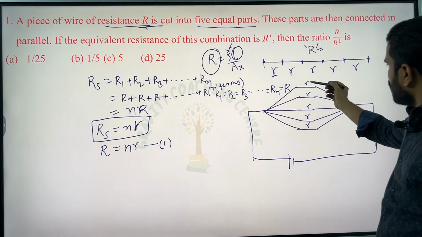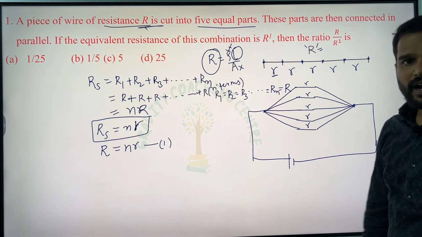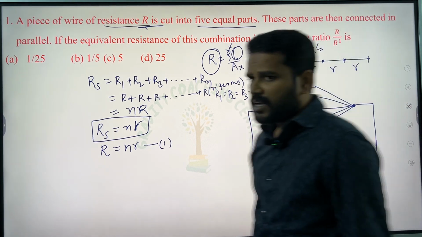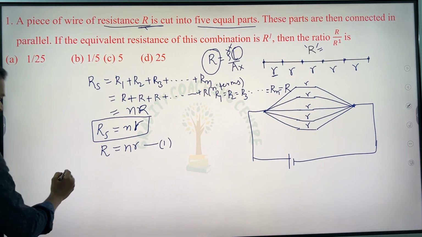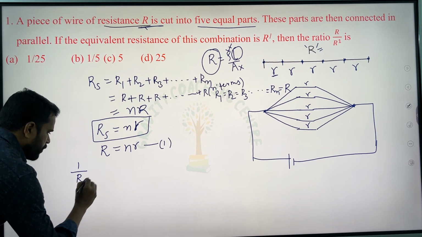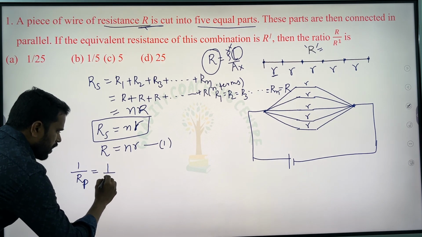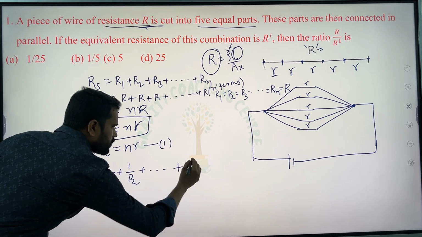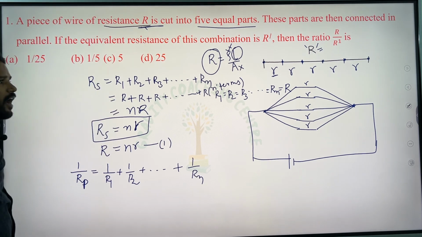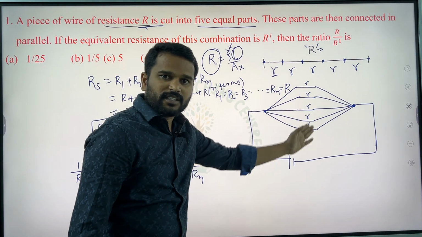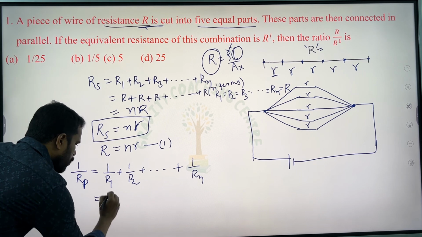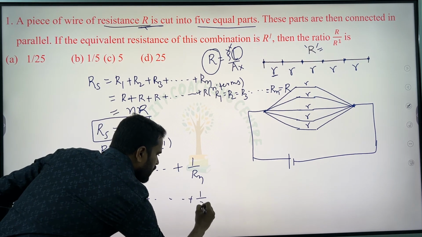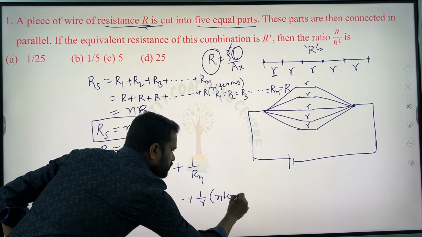The next thing, now the resistors are connected in parallel. In parallel, you know that 1 by Rp is equals to 1 by R1 plus 1 by R2 plus so on plus 1 by Rn. And here also we have equal resistances. So 1 by r plus 1 by r plus so on plus 1 by r, n terms.